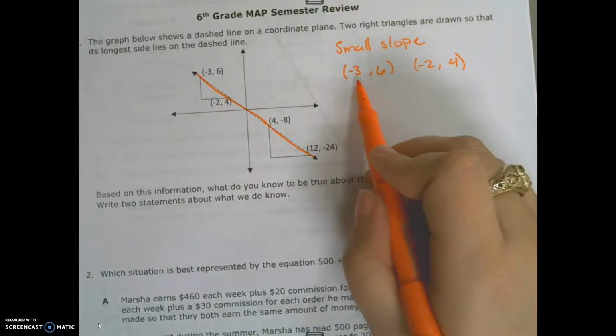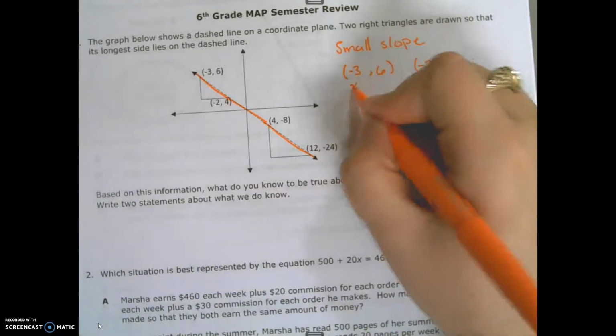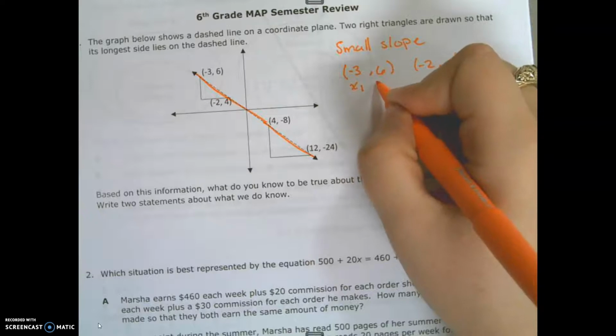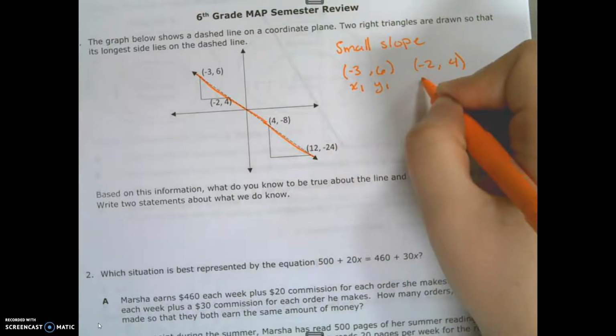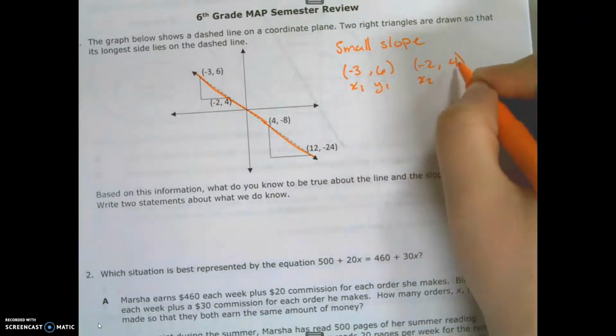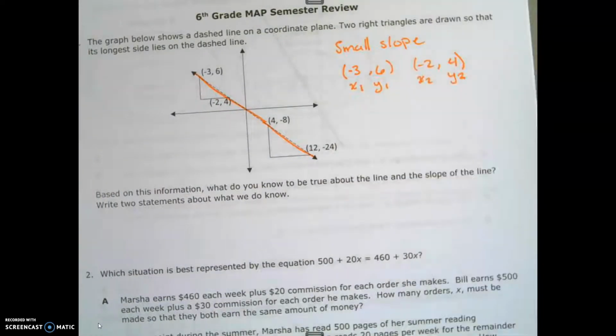So our -3 is our x1, our 6 is our y1, our -2 is our x2, and our 4 is our y2. Okay?